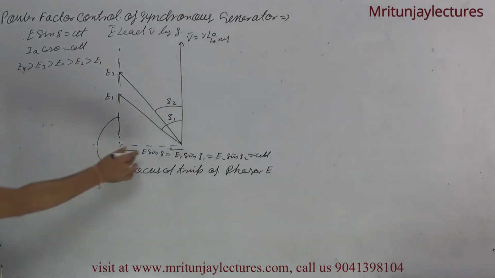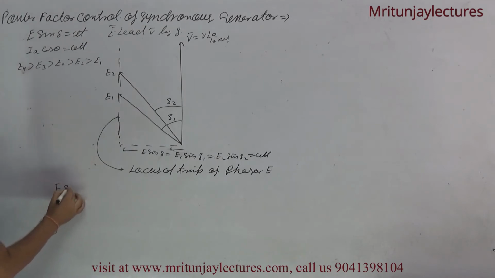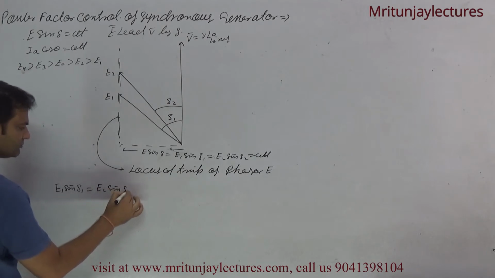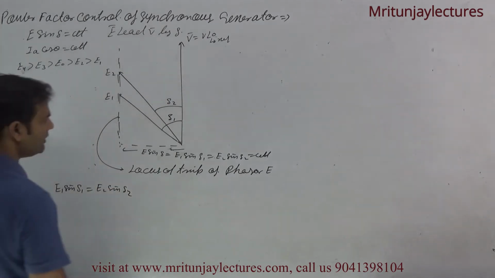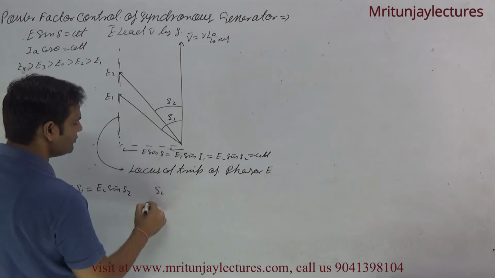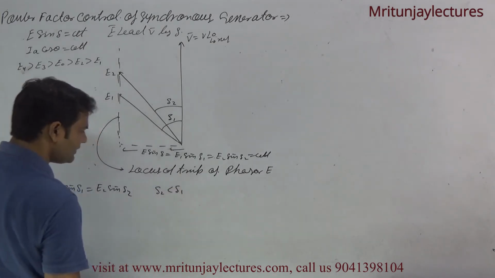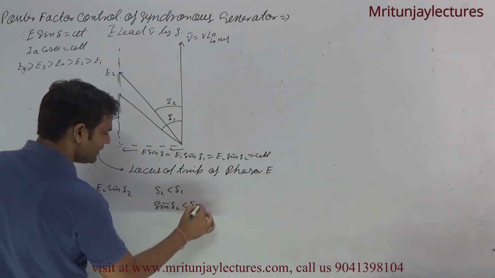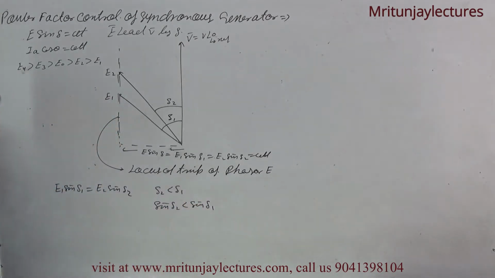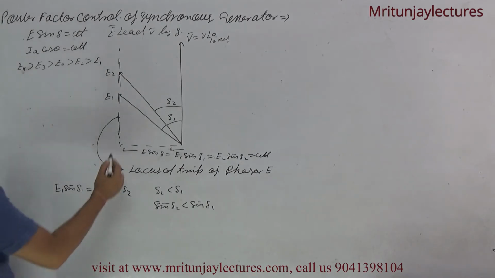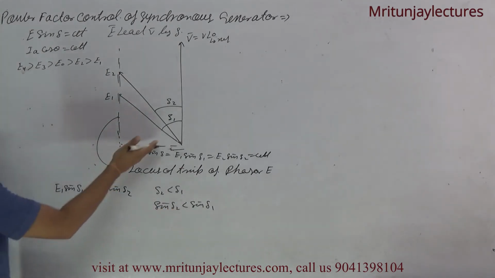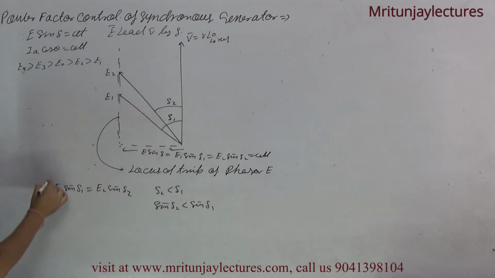If any doubt, you see here E1 sin delta 1 is equal to E2 sin delta 2. Clear? What about delta 2? Delta 2 is less than delta 1, so sin delta 2 is less than sin delta 1. It means if excitation increases, then sin delta decreases.